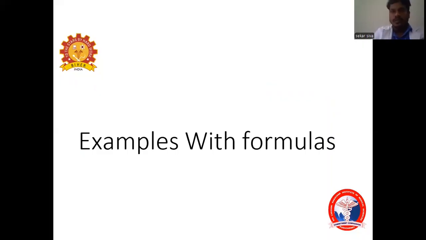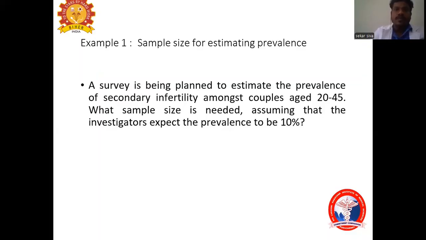So let's go to the example with the formula. Sample size for estimating proportions. Usually we use 4pq by d square. That's the formula. Example 1: a survey is being planned to estimate the prevalence of secondary infertility among couples aged 20 to 45.